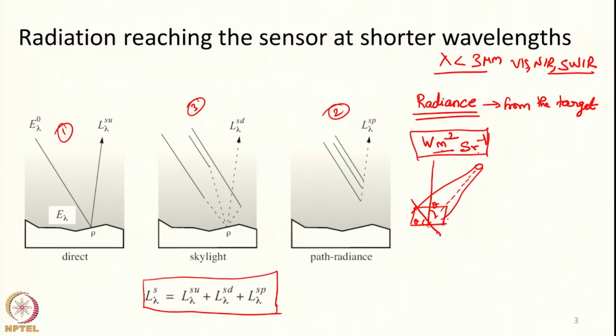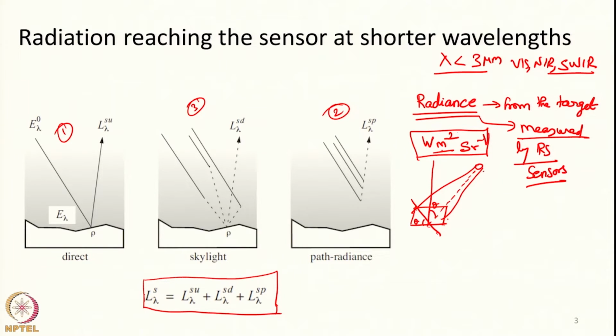This is what is known as radiance, and that is essentially what our remote sensing sensors are measuring. So, we have to calculate the radiance that is leaving the surface and reaching the sensor.